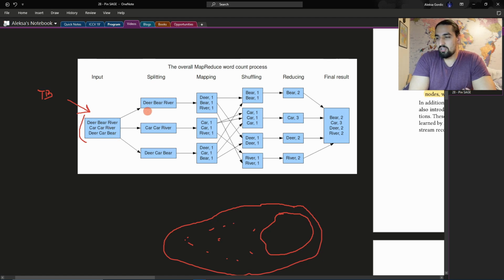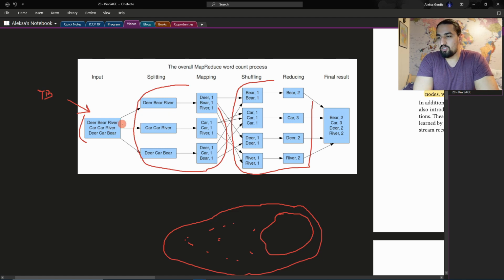And in this example, what happens is we basically have 2 modules. We have the mapping part and we have the reduce part, and hence the name MapReduce. Inside the mapping module, we first just split the data, so every single sentence will go to a separate module.